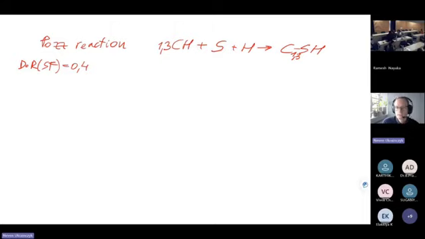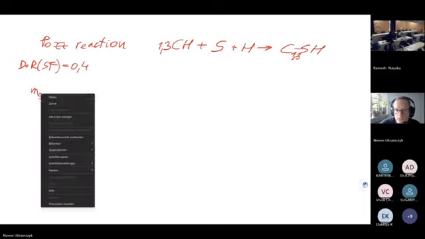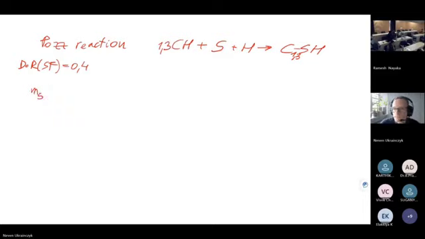So the question is, we want to know the mass of silica film that we need to put in our cement paste to fully consume portlandite.